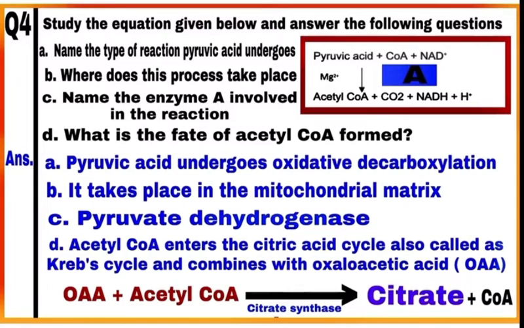See the reaction written here. OAA is combining with acetyl coenzyme A in the presence of enzyme citrate synthase and forms citrate, and coenzyme A is also released during the reaction.